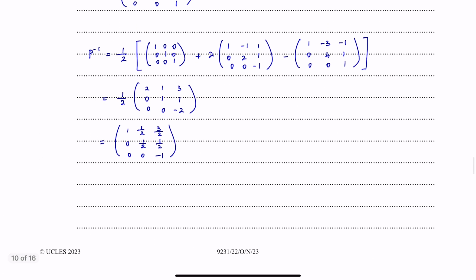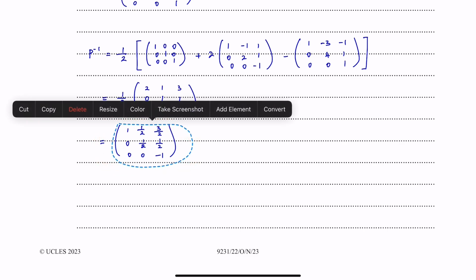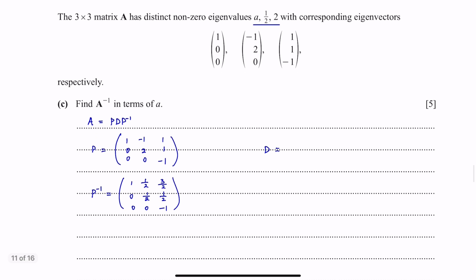So in part B, we already found that the inverse of P is this. So we can just copy it. So the inverse of P is whatever we found in part B. And the diagonal matrix, we need to write it as a, half and 2.